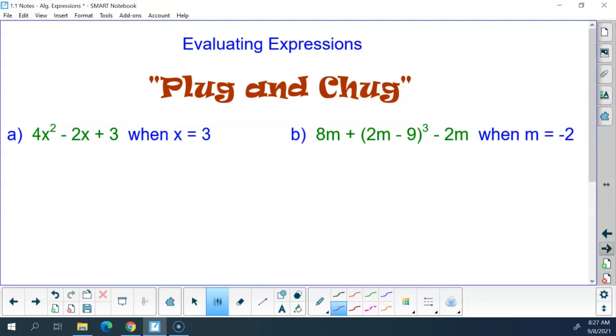Evaluating expressions. I call it the plug and chug method. So we're going to take this 3, and we're going to put it into every spot that there's an x.